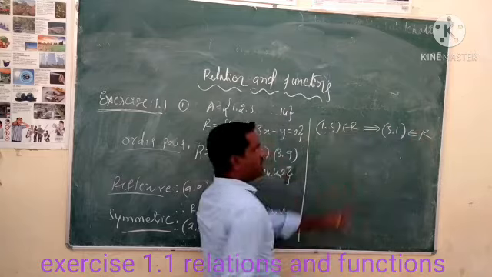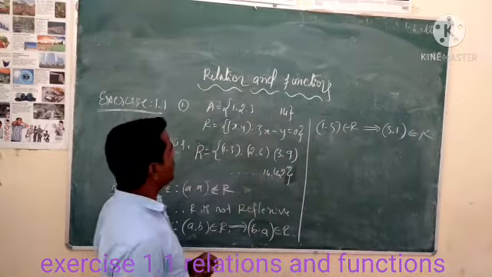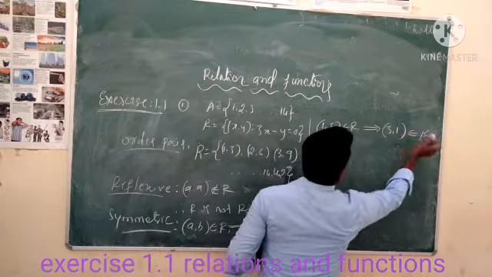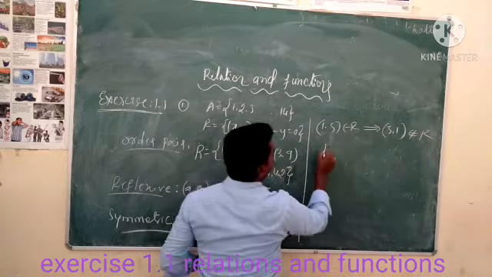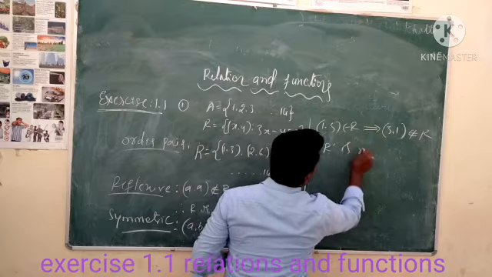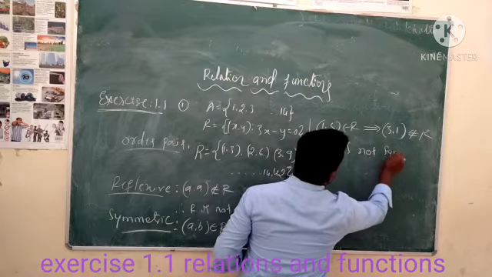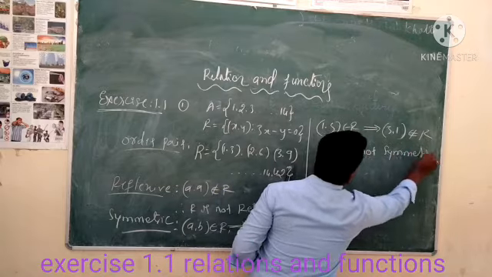No chance. It has no (3, 1). Therefore R is not symmetric.